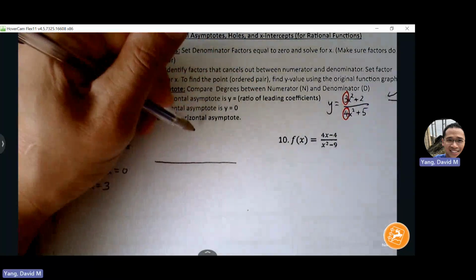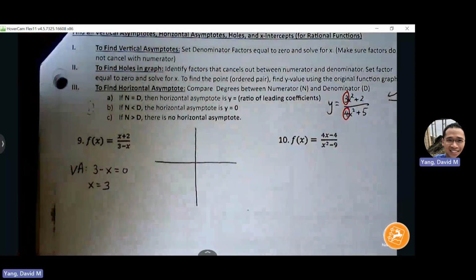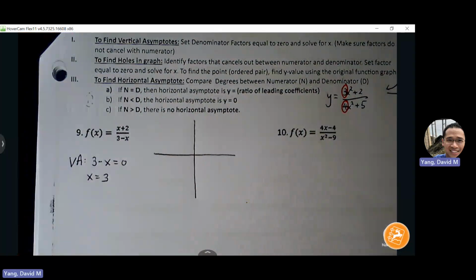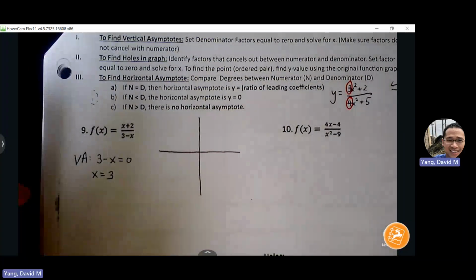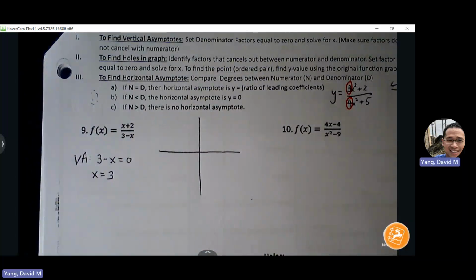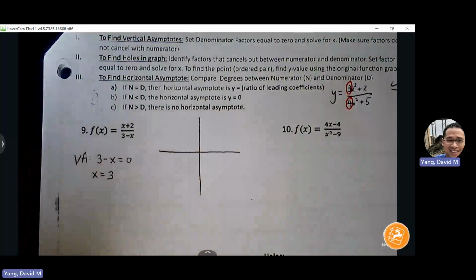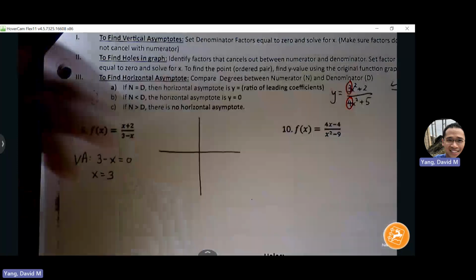And while I'm doing that, let's create a graph. I think it's good for us to practice creating a rough sketch for different families of functions. That's also a good skill. So we know there's a vertical asymptote at x equals 3.